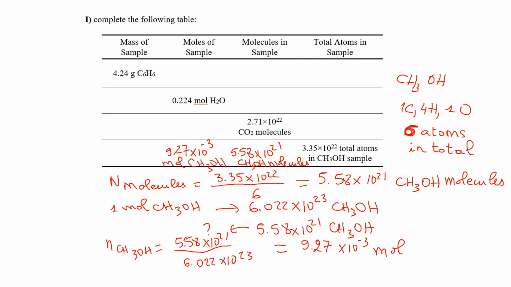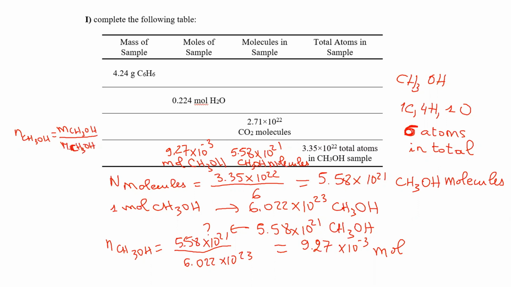Now we have the number of moles. We can use the relationship between the number of moles, the mass, and the molar mass to get the initial mass. So we know that n methanol equals m methanol divided by M methanol, which is the molar mass.